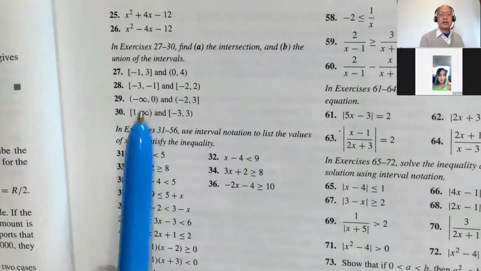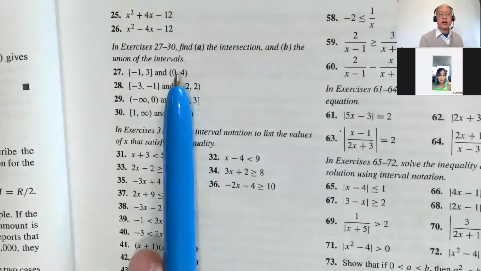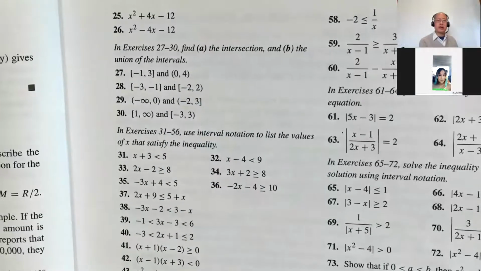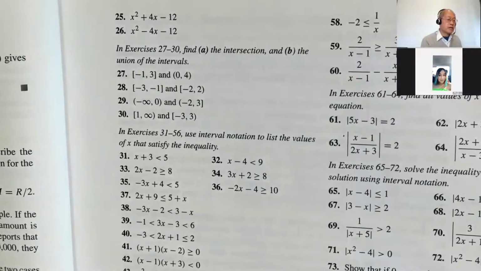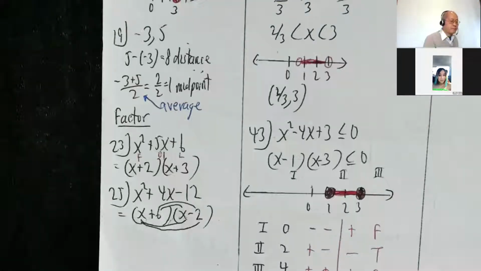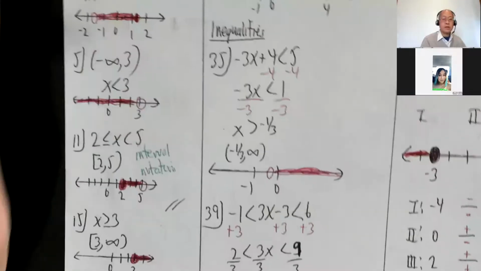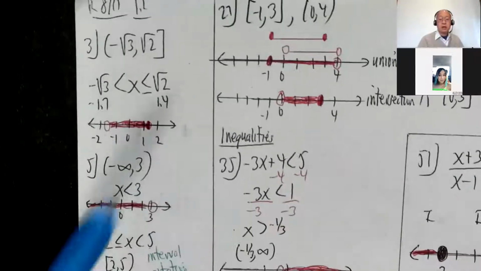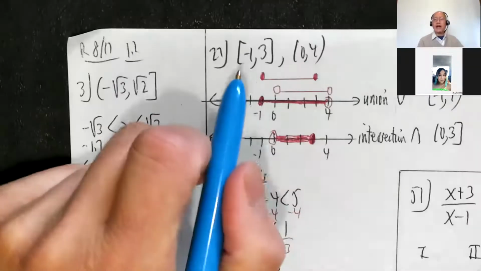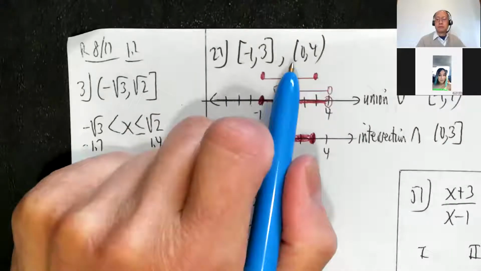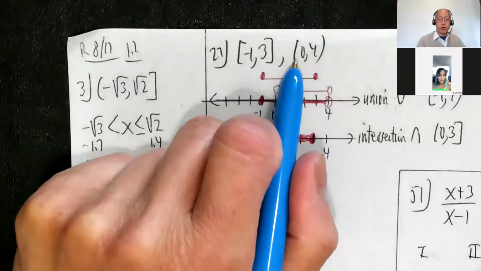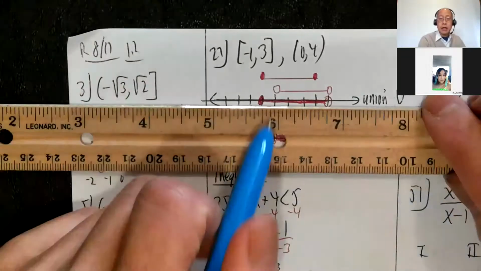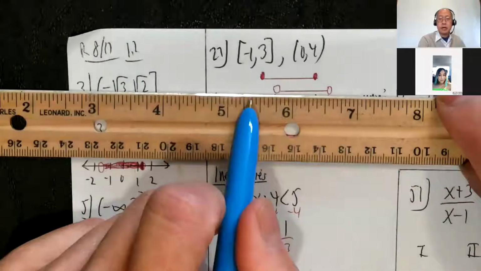Okay, 27 and 29 talk about the intersection and the union of intervals. So I have to talk about what that means, union and intersection. All right, so they give me bracket -1, 3, and parenthesis 0, 4. So here's what I want you to do. I draw my number line.